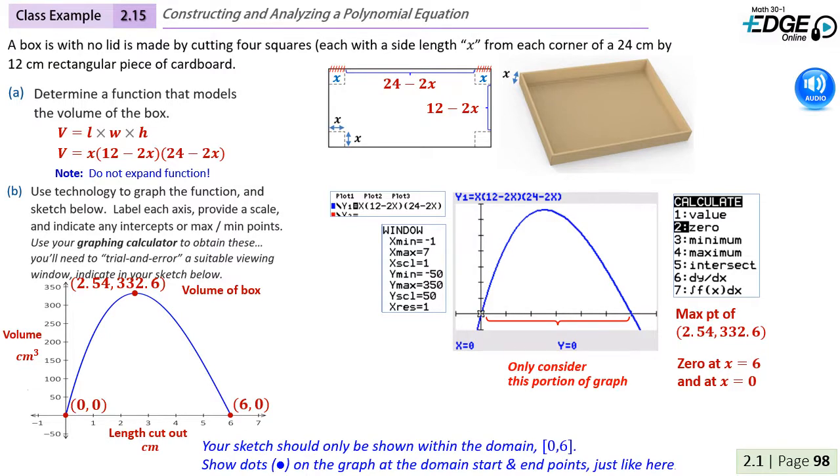It's important to notice that typically we're expected to show our graphs with arrows on the end when the lines continue. Here, because we do not want to consider the graph outside of this domain, we will put dots showing that these are the endpoints.